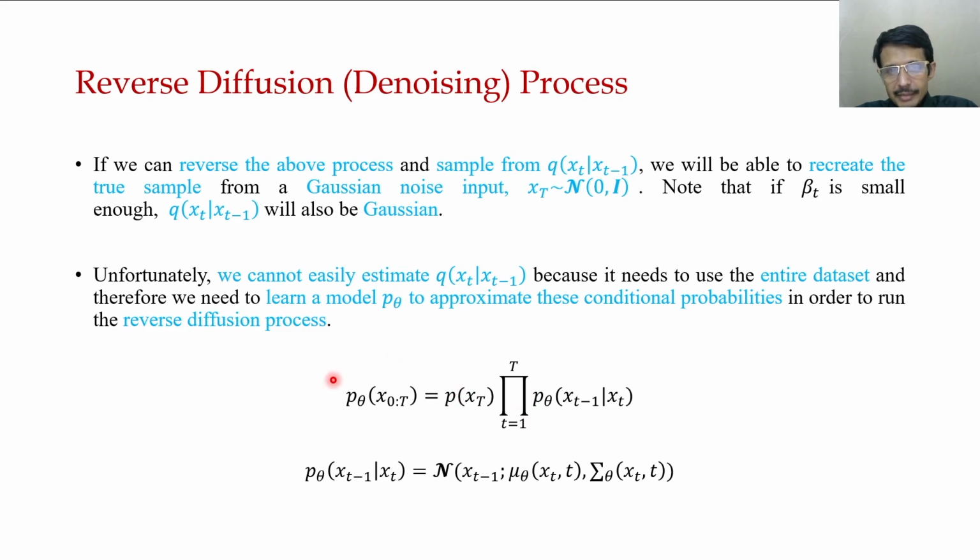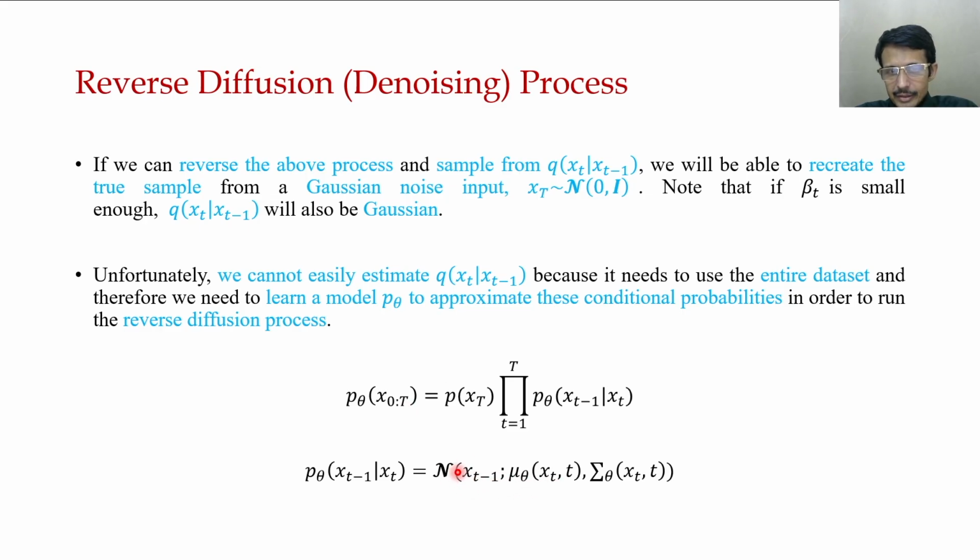Okay, so this is the basic understanding. What is the mathematical formulation of p theta of xt minus 1 given xt? This is basically the reverse diffusion process, this type of denoising.